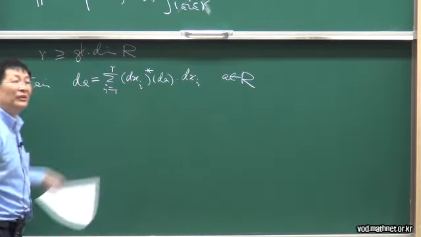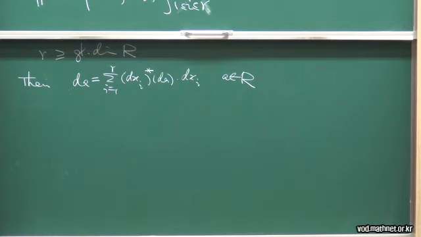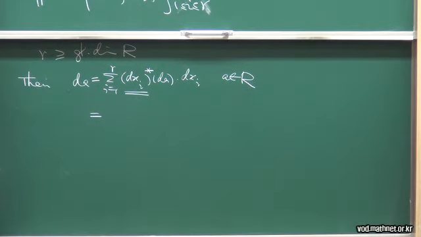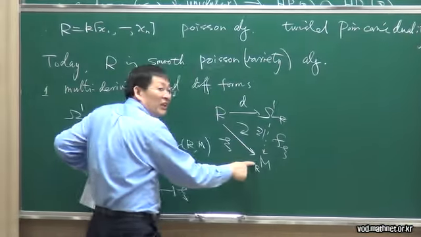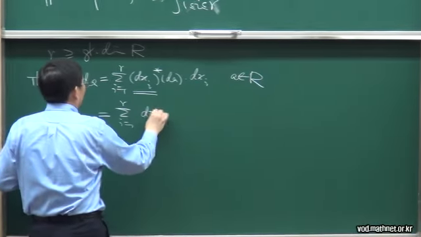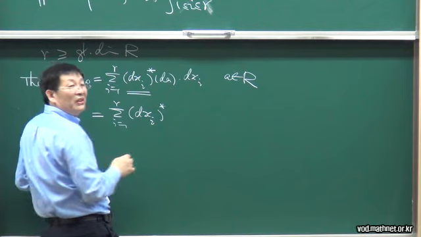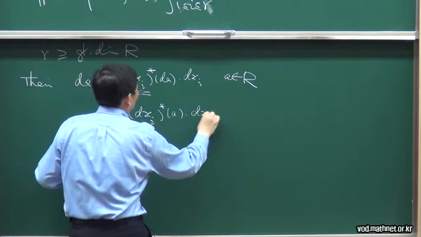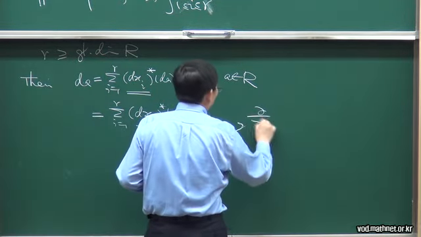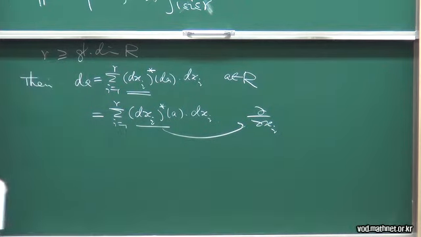This is the dual basis set. And as we see, we can view this one as a derivation. If we take this R, then this dx_i star we can identify, by this isomorphism, with the derivation here. So we can view dx_i star as a derivation acting like this. So this is like the partial derivatives in the polynomial case.